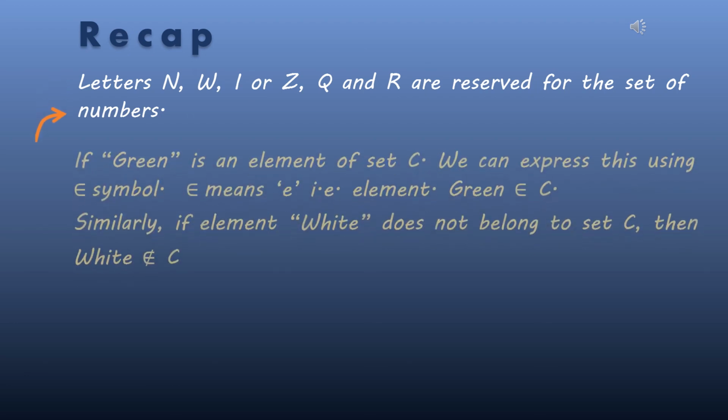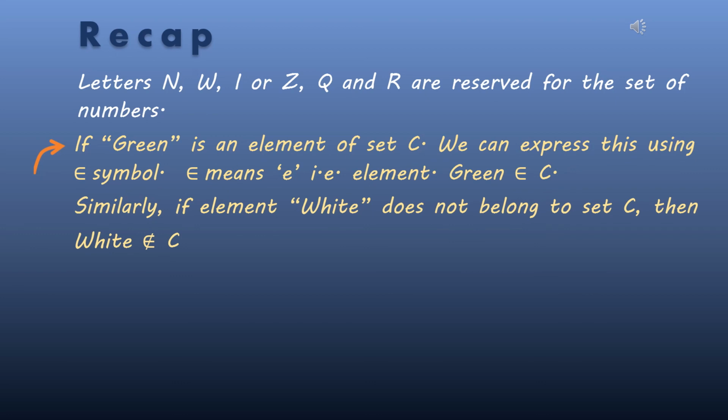If green is an element of set C, we can express this using the epsilon symbol. Epsilon means E, that is element. Green belongs to C. Similarly, if white does not belong to set C, then you can use the opposite symbol. White, use the does not belong to symbol, and then C.